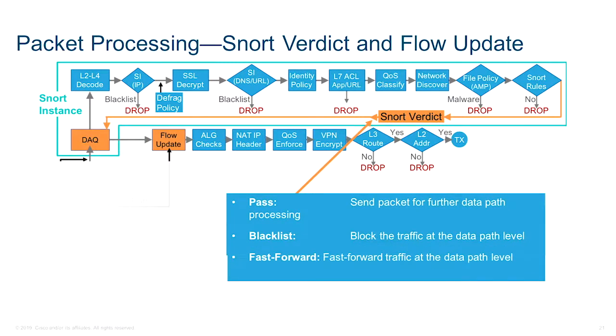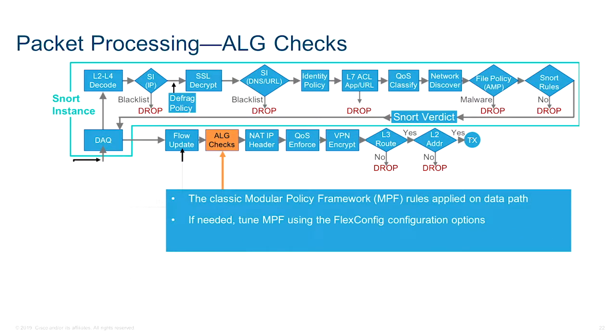Now, based upon the output or that verdict, as you heard us say a moment ago, we're able to, you might remember, circle all the way back here to our DAQ operation, which once again, based upon the verdict of the Snort module, that could be, again, to pass the traffic, outright blacklist the traffic, or to fast forward the traffic. So we have different actions, and I like the keyword verdict from that Snort policy, that Snort rule.